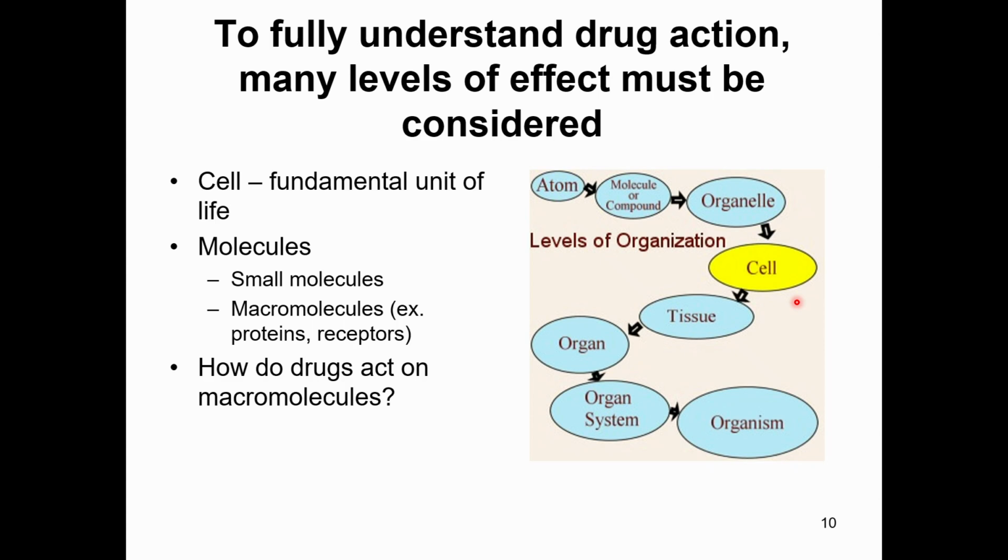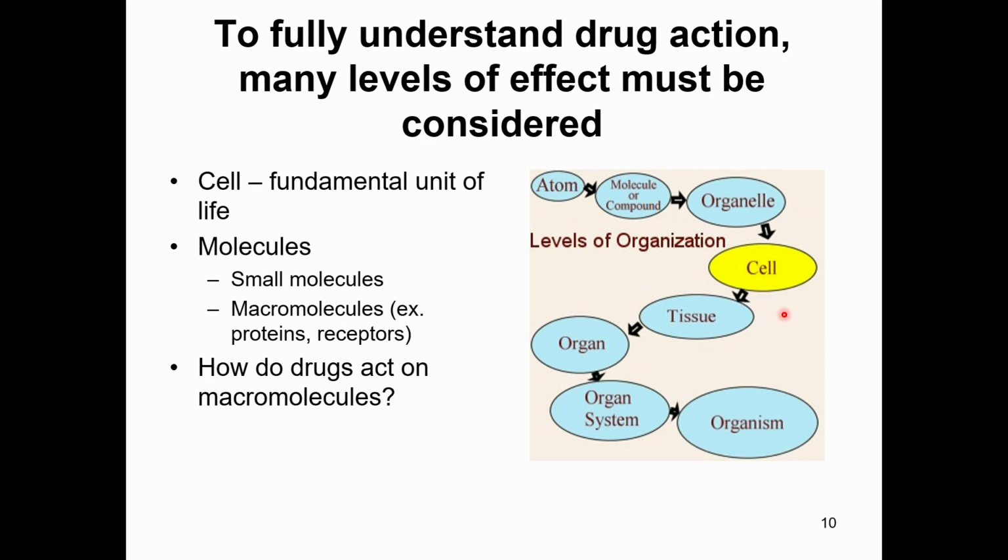So to fully understand a drug action, we really have to consider many levels. It has to do with essentially biology. We have to consider all of the levels that go on in the drug-organism interaction. What is the molecular structure of the drug or compound? How does it interact with its target? And then how does it affect organelles within the cell itself?